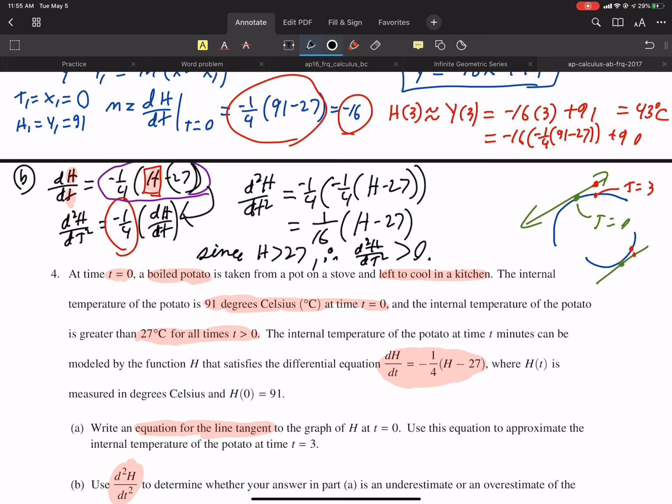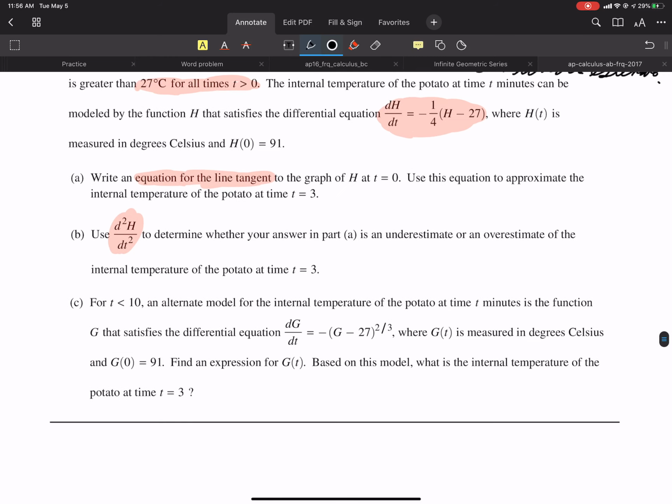If it's positive, that means we're concave up. Therefore, we have an underestimate. The answer in part A is an underestimate. Bam. Done with part B.